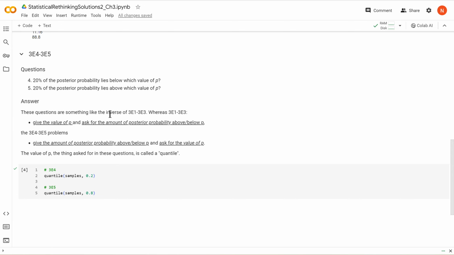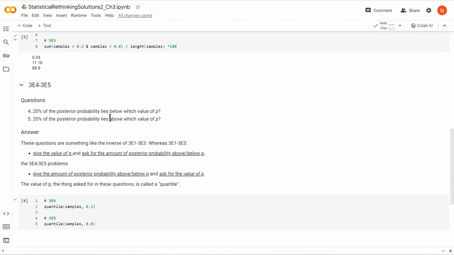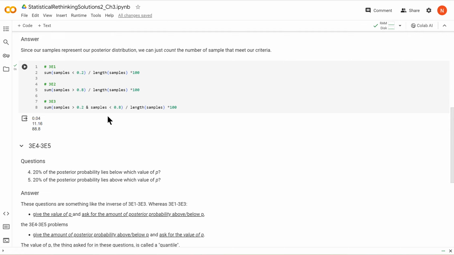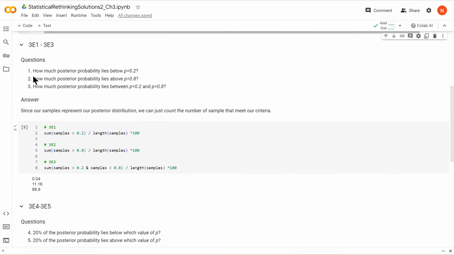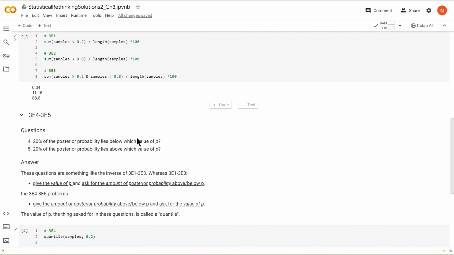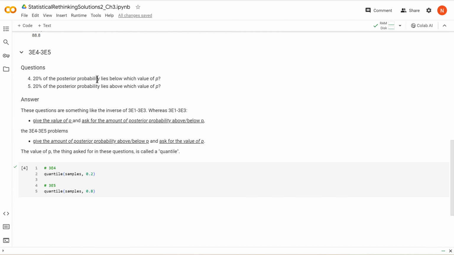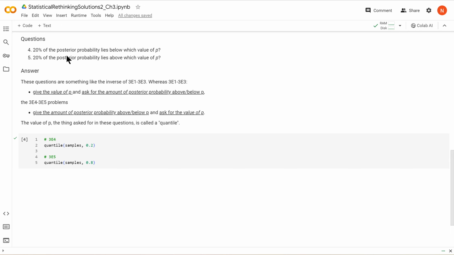Okay, so the first thing I want to point out is that this is the inverse question of what was being asked in 3E1 through 3E3. Here are the questions for 3E1 and 3E3. They all take this form: how much of the posterior probability lies below p equals this, p equals that? And here we're asking 20% of the posterior probability lies above or below which value of p.